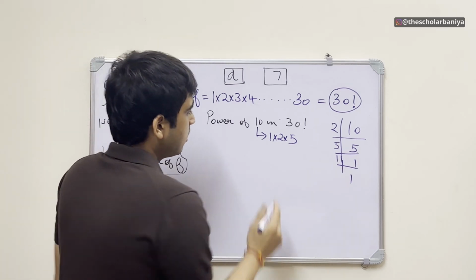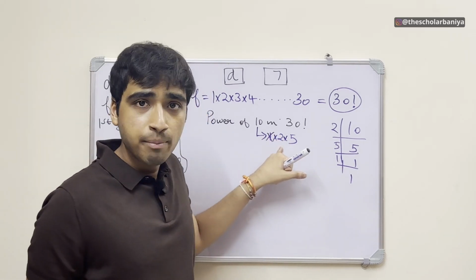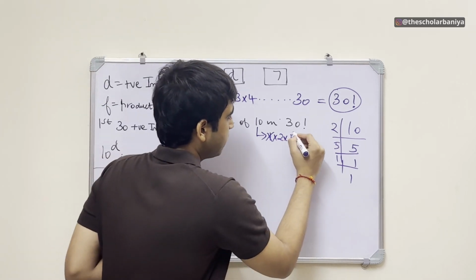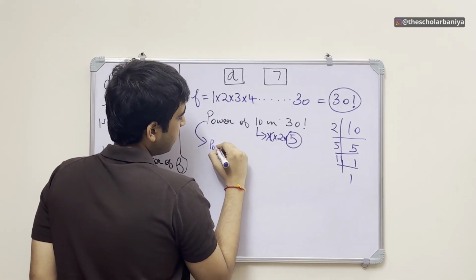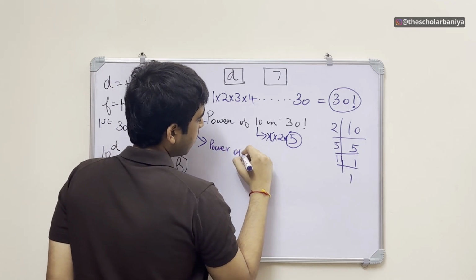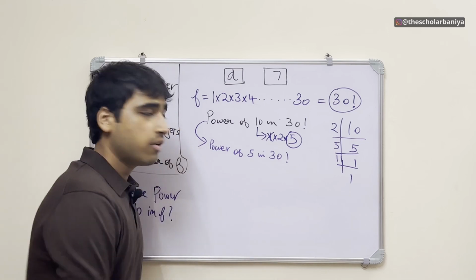We don't care about 1. And we pick the bigger one out of these two. So we pick 5. So basically, this question becomes the power of 5 in 30 factorial. So this is what we have to find out.